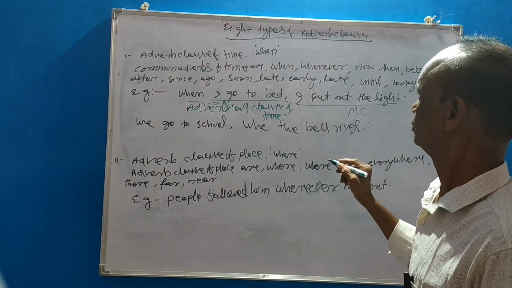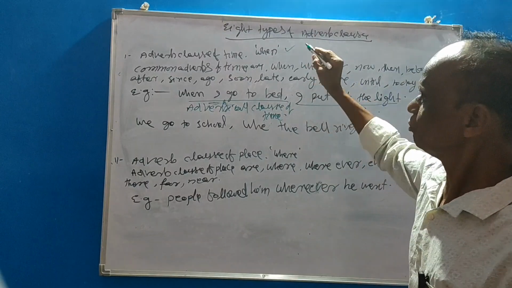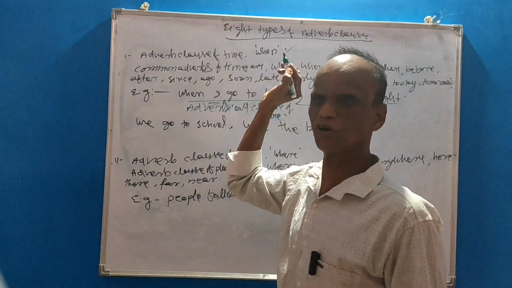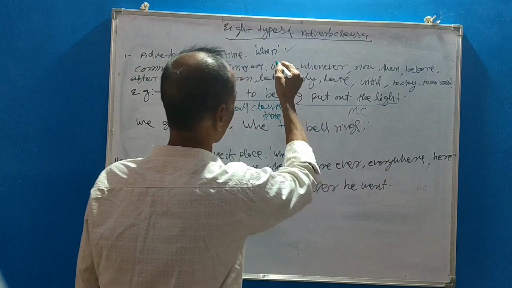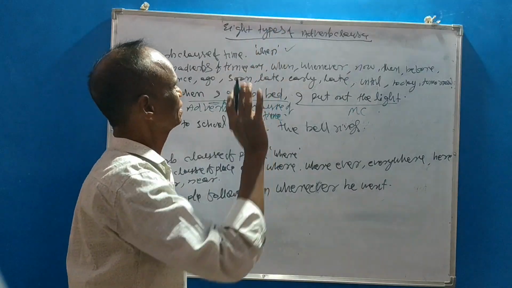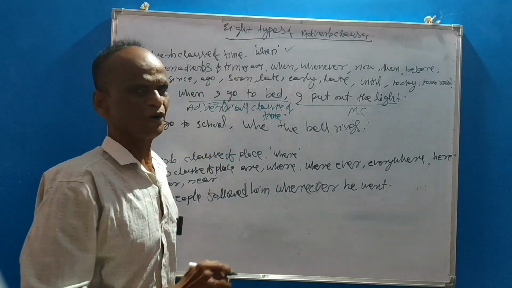This is the main clause. So when is used in an adverb clause of time. If you answer questions of WH words like when, that is known as an adverb clause of time.